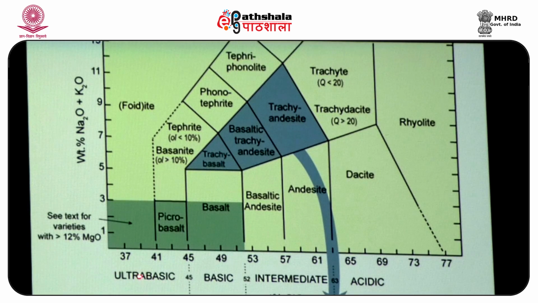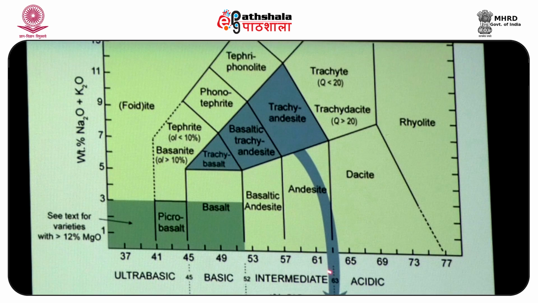Ultrabasic rocks are those which are very, very poor in silica, so the silica percentage here is less than 45%. If minerals are present and it is plutonic, it will be known as ultramafic. Then we have basic, where you have silica between 45 and 52%, it is called basic rocks, or when you have mineralogy available, it is called mafic rocks.